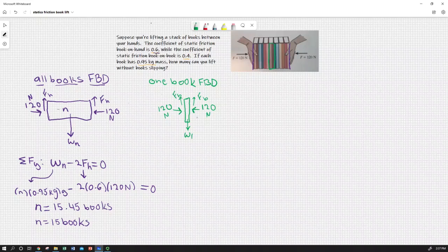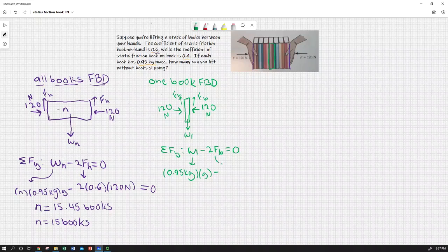Again, we can define the sum of the forces in the Y. So we've got weight 1 minus 2 times the book-on-book frictional force has to equal 0. I know what this value is. It's simply 0.95 kilograms times acceleration due to gravity.